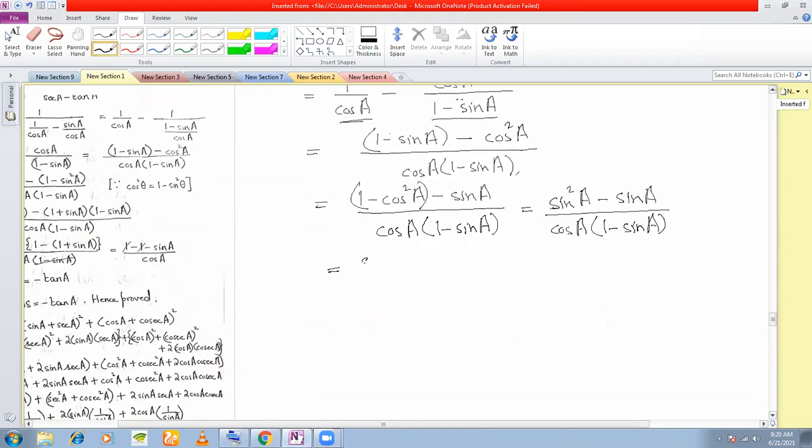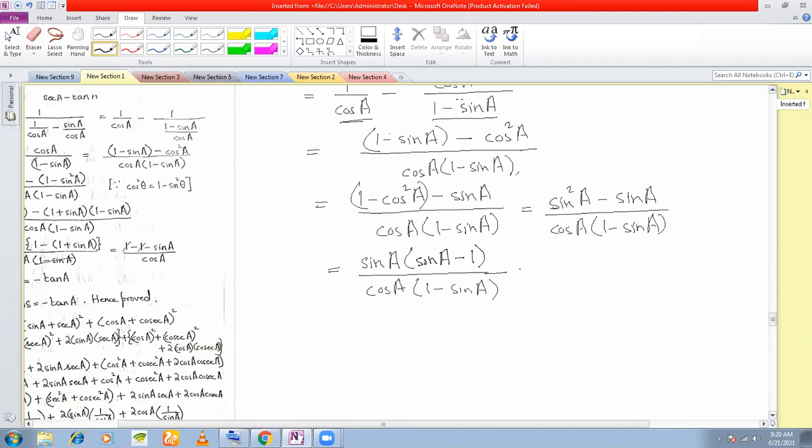Now in the numerator you can take sine A common to get 1 minus sine A divided by cos A into 1 minus sine A. Okay. In fact, you get sine A minus 1, not 1 minus sine A. In the numerator, if you take sine A common, you get sine A minus 1.